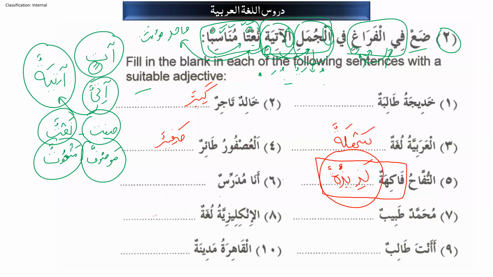Okay, so next. Ana mudarrisun jadidun. So I'm a new teacher. Good. Muhammadun tabibun kabirun. Muhammad is big. Shahirun, famous. Yes. Inglesiyatun lughatun sahlatun. One minute. You are saying al and you are reading tun.